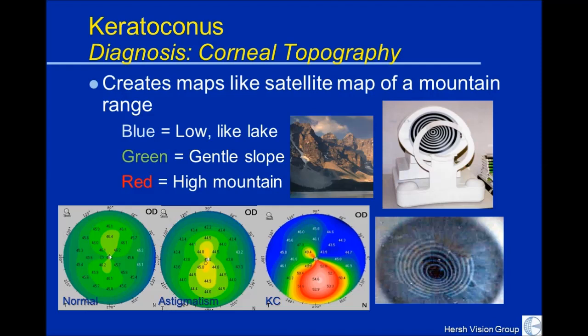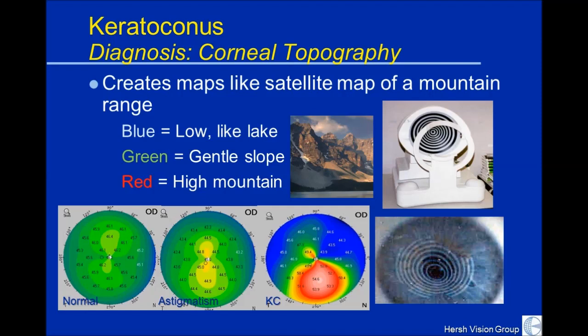Red is high, like a mountain. Green's an intermediate, gentle slope. And blue is low, like a lake. A normal cornea generally is green. It's a gentle, smooth, regular, and symmetric slope.